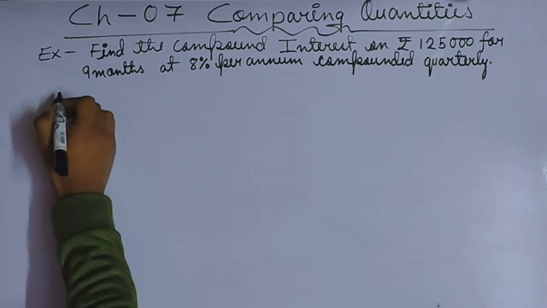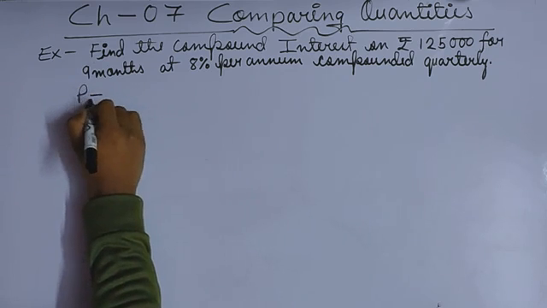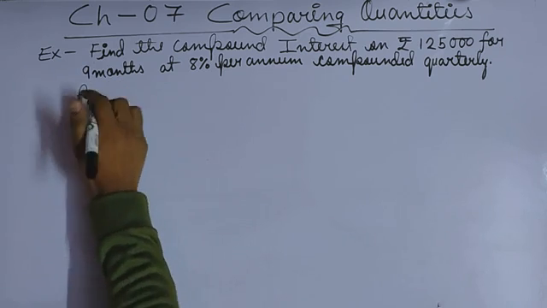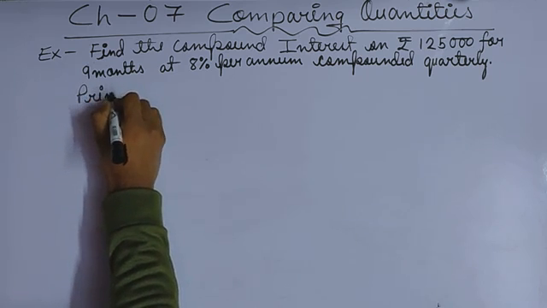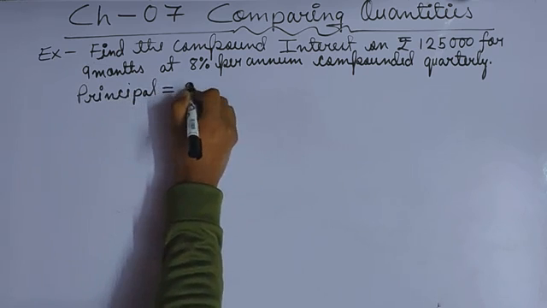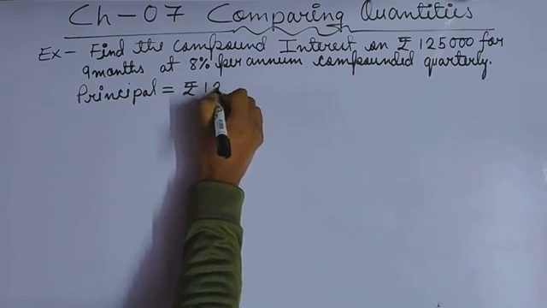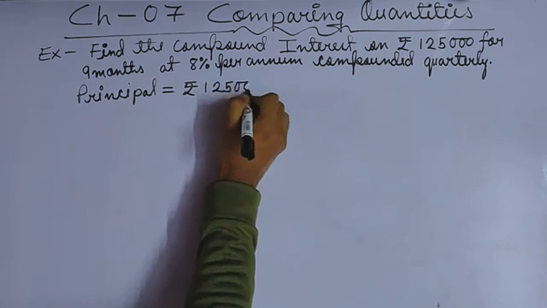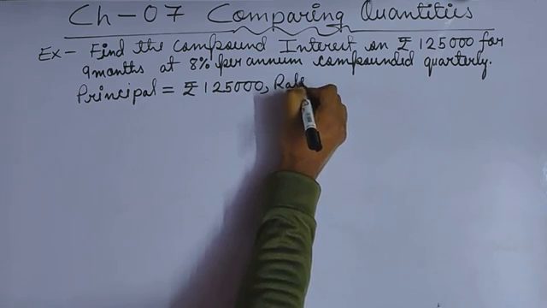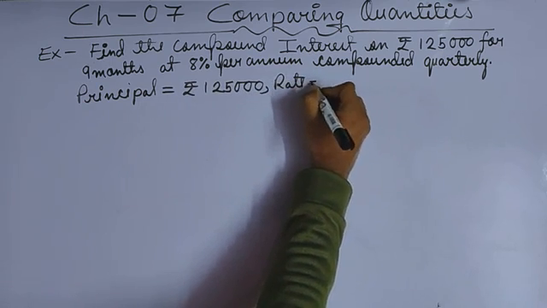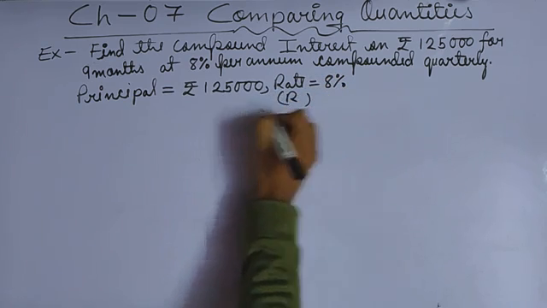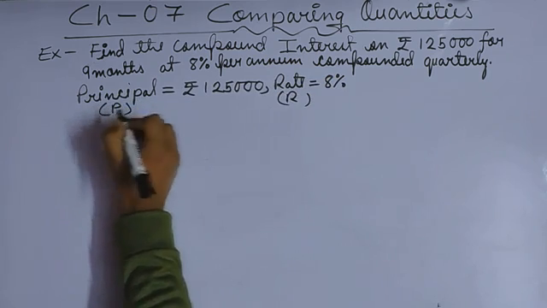So what is given to you in this question? The principal, that is P, is given to you: rupees 1,25,000. The rate, which is denoted by R, is given as 8%.